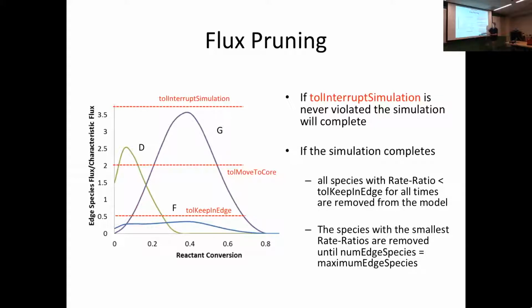I use it a lot when I'm taking multiple species at a time, which is another important parameter. But for flux pruning, as I'm going to talk about in a minute, a lot of times they set this to something so arbitrarily large that it always completes the simulation, which is one approach to dealing with this. When you say it completes the simulation, do you mean one iteration of the simulation? Yeah, it just runs one simulation, decides what species to add, and then it starts over. Okay.